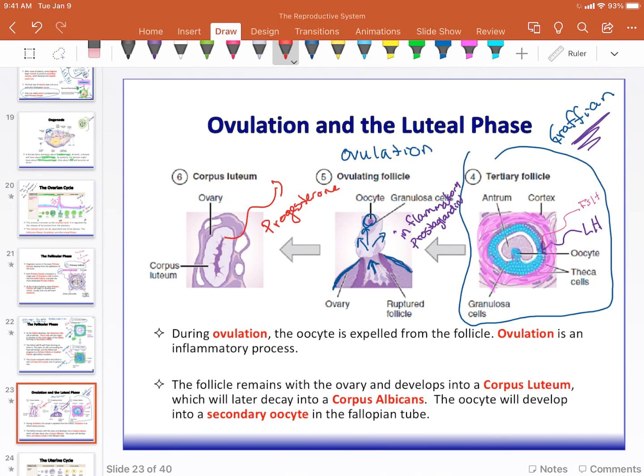The job of this progesterone is to maintain the endometrial layer of the uterus so that it can promote the development of the embryo, the implantation of the embryo, the development of the embryo, until a placenta can be established. Now, if there is no implantation, then that corpus luteum will decay to produce the corpus albicans, which stops producing the progesterone.